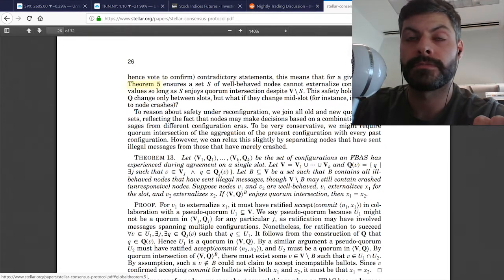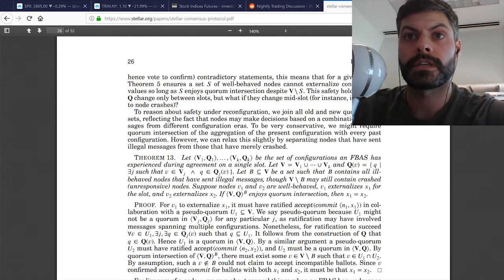Let b be a subset of v be a set such that b contains all ill-behaved nodes that have sent illegal messages, though v as a set difference of b may still contain crashed unresponsive nodes. Suppose nodes v1 and v2 are well behaved, v1 externalizes x1 for the slot, and v2 externalizes x2. If the tuple vq to the power of b enjoys quorum intersection, then x1 equals x2.